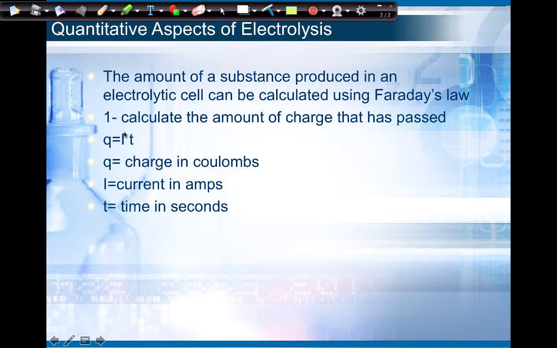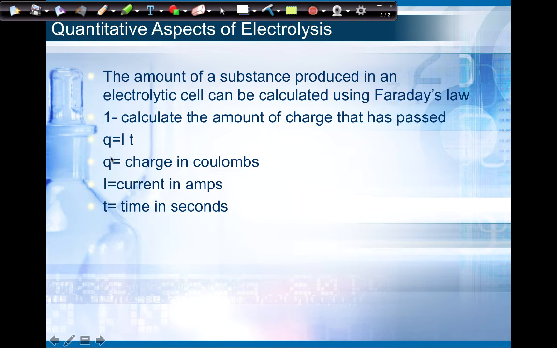The amount of a substance produced in electrolytic cells can be calculated with this equation right here. It depends on how much current is running in the reaction and how long you let it run. So Q is the charge measured in coulombs, I is going to be the current measured in amps, and then t is going to be the time measured in seconds.